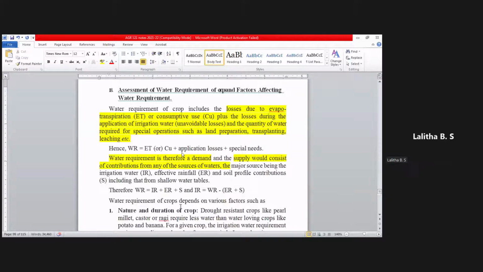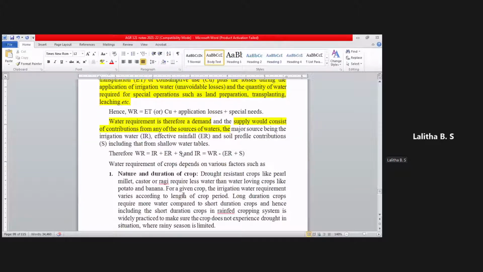The water requirement of the crop depends on more things. The above equation is based on the demand side. Demand, because water is required for evapotranspiration or consumptive use, which are one and the same. Then application losses while taking water from the tank or command area to the field, in the channel the water loss will be there. And for the special needs, water is required. That is the demand side.